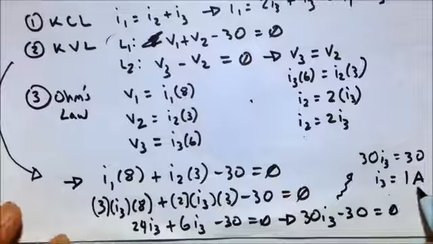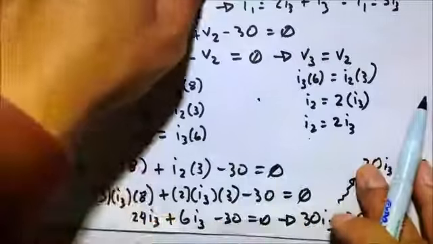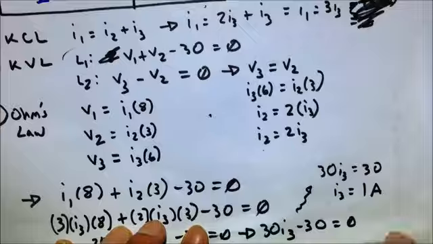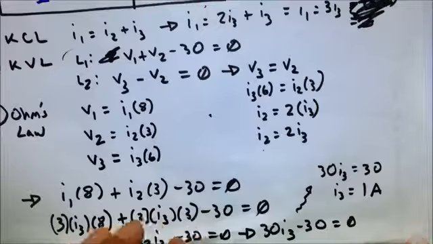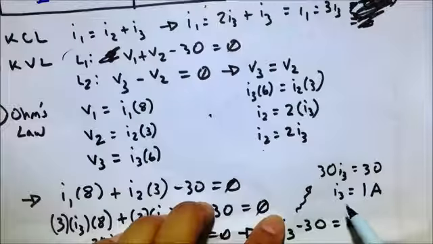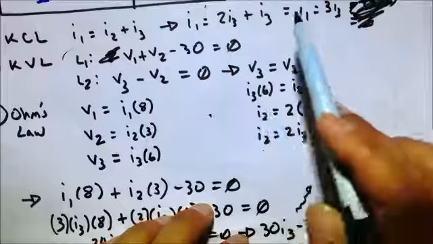Okay, so if I3 equals 1 amp, then we know I1 has to be, let's move it down for you a little bit. Where I left off, I'm running out of space on the paper, we solved for I3. We found out I3 equals 1 amp, and now we can use that to solve for other variables.